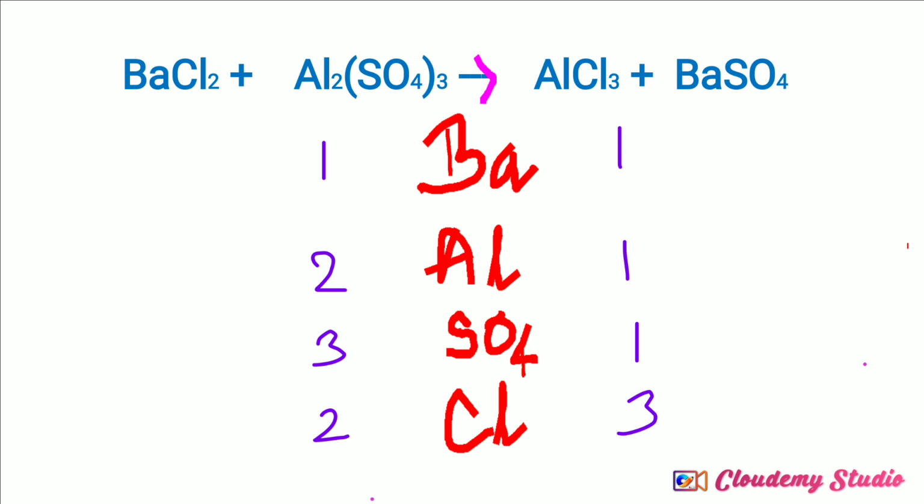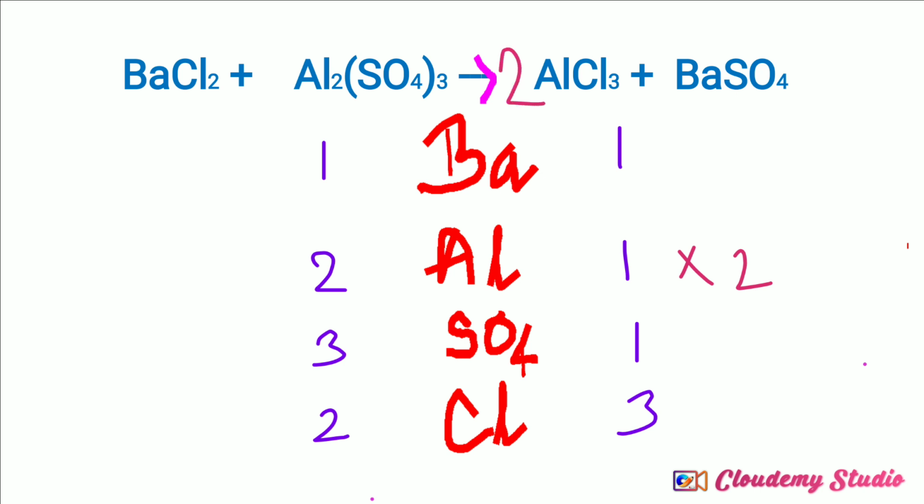Therefore, what we can do, that one has to be multiplied by 2 to make it equal on both the sides. So this 2 has to be written as the coefficient of aluminium chloride.